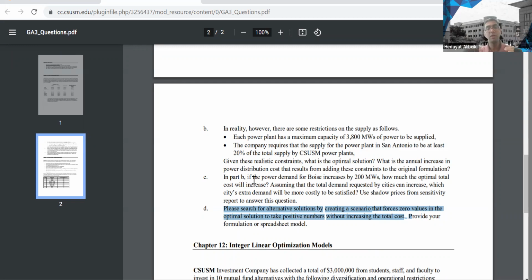So you want to keep the cost at the optimal level from part B, and at the same time you're trying to push the decision variables that took 0 to take positive values.